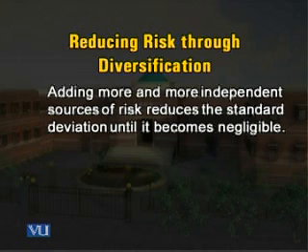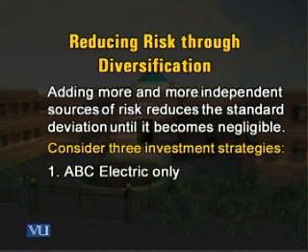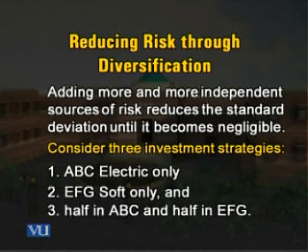So here we take an example. Consider 3 investment strategies. Number 1, investing in ABC; number 2, investing in EFG only; and number 3, half in ABC and half in EFG. We should make a note of one thing: both of these companies, ABC and EFG, are unrelated.